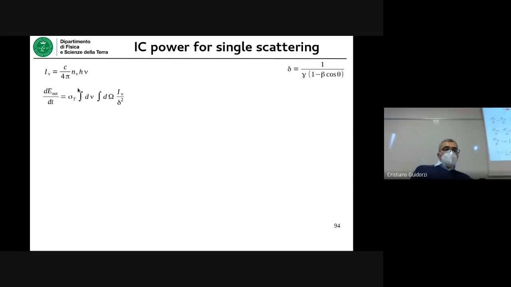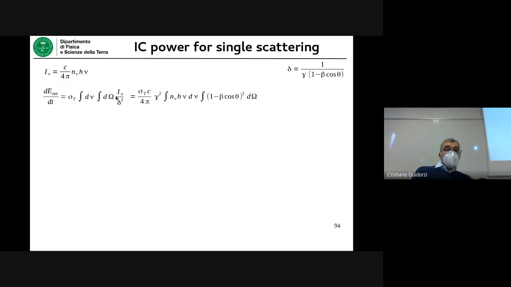So here I just copied the very last equations that we've come up with. Here is the formula for the total power coming out of the scattering of the electron in the lab frame. And here is I. By replacing I into this integral, you get a factor of c over 4 pi. You can take it out of the integral.